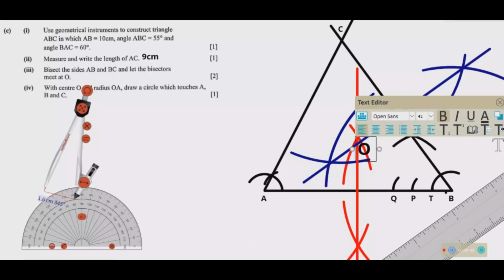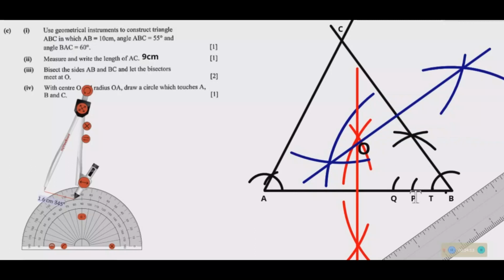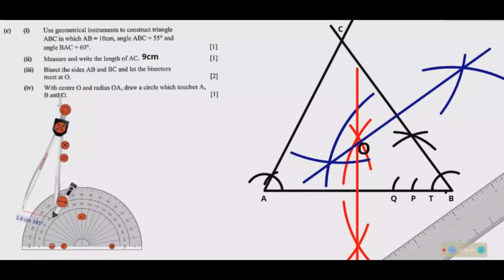Okay, that is O. I hope you are able to see it. Okay, then we go to question number C4, which is saying with the center O and radius OA, draw a circle which touches A, B, and C.